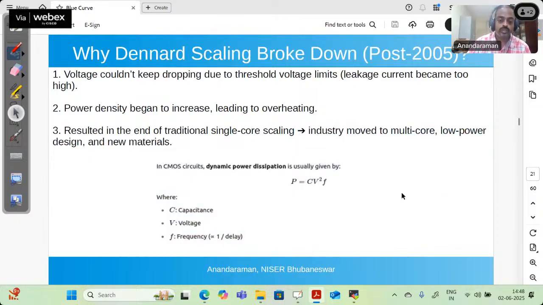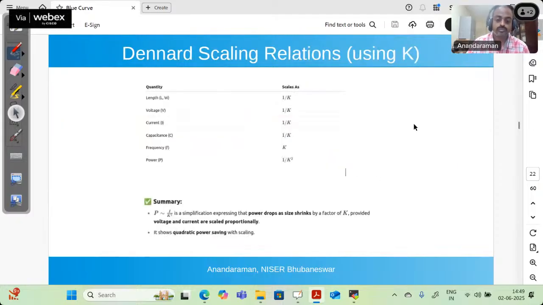So this is simple, power is equal to V into I. The same formula we are representing in terms of capacitance, voltage and frequency. So Dennard scaling relation using K: if length decreases, voltage decreases, and power decreases quadratically.